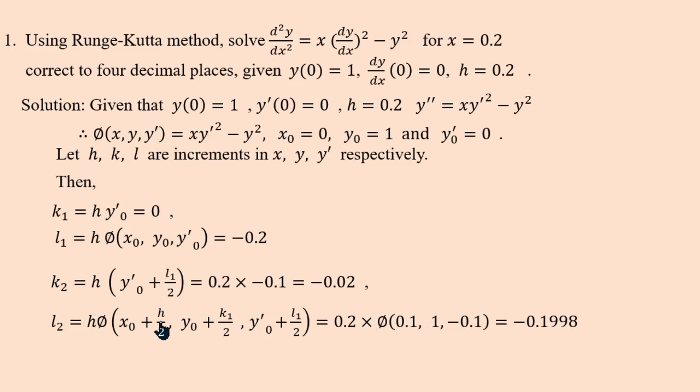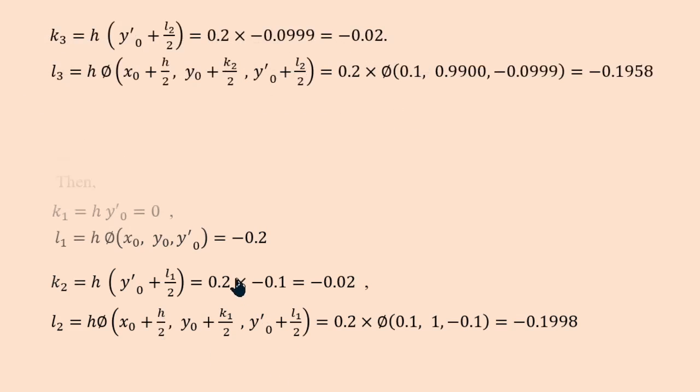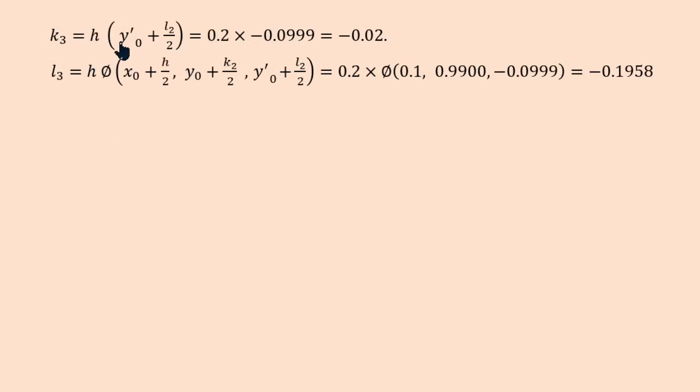X naught is 0, h is 0.2, 0.2 by 2 is 0.1. Therefore, K3 is h into y naught dash plus L2 by 2. Y naught dash is 0, L2 by 2, that is minus 0.0999.